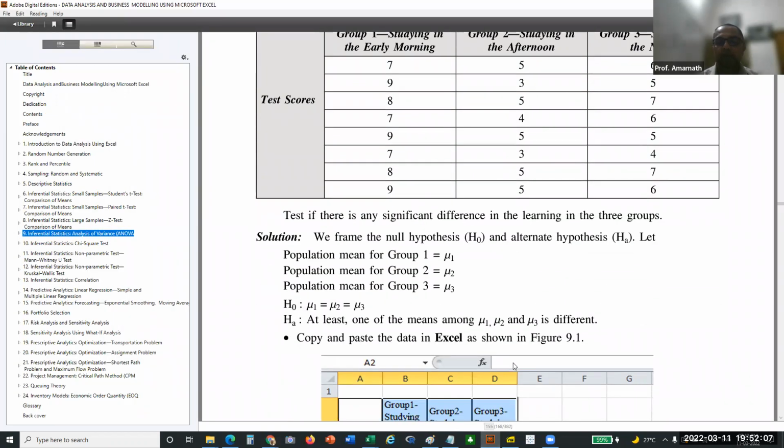So we frame the hypothesis. Population mean for group 1 is mu1, group 2 is mu2, group 3 is mu3. So our null hypothesis: mu1 equals mu2 equals mu3. The alternative is that at least one of the means among mu1, mu2 and mu3 is different.